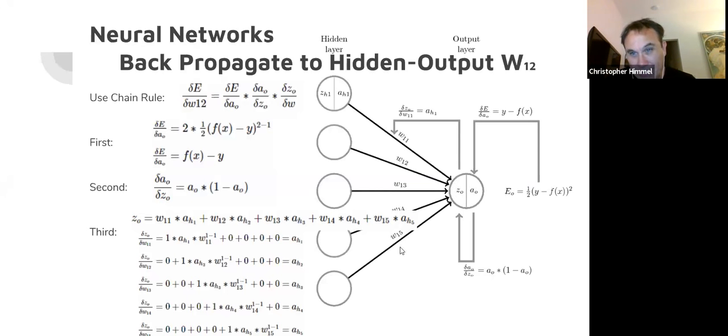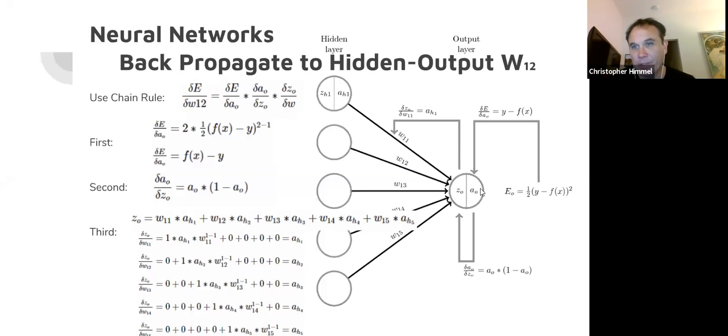Because we're holding everything else the same. So that's what we're looking at. We're saying, okay, what's the partial of E with respect to A0? That's just this, E to A0, that's one step. And then what's the partial of A0 to Z0? That's one step back. And then partial of Z0 with respect to W11. So let's calculate each one of these separately.